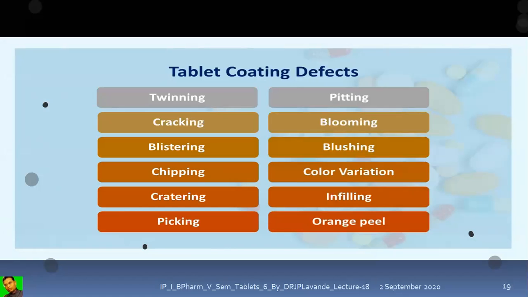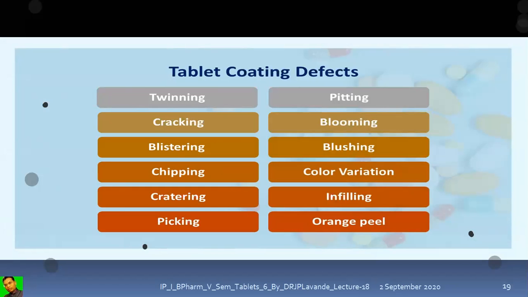Now, once we coat the tablet, these are associated with various imperfections. These are said to be the defects. Again, it is a process, it is a technique, and no process is 100% complete, 100% perfect.